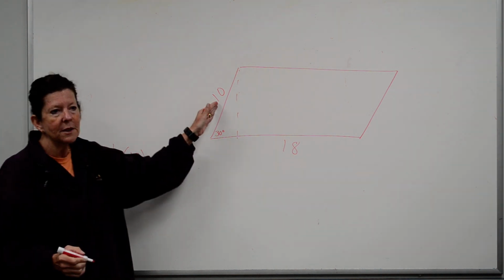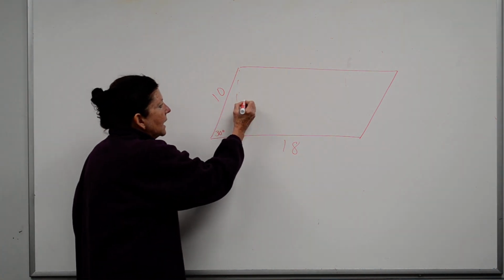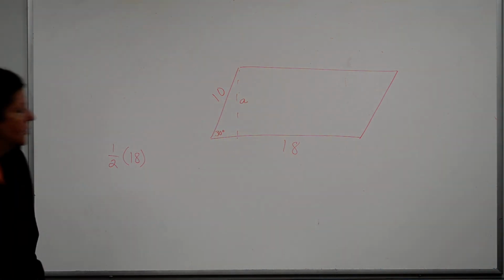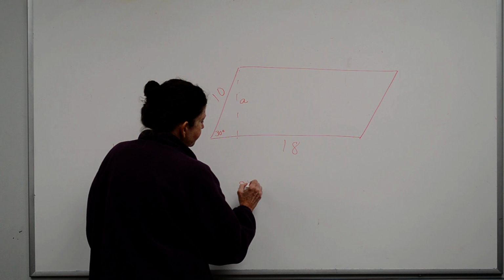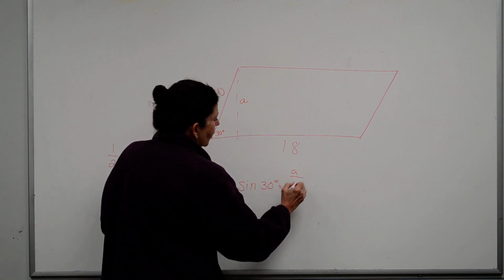What I don't know is the height, but what I have is the hypotenuse. What I need is the opposite, which is sine. So I'm going to go the sine of 30 degrees is equal to A over 10.